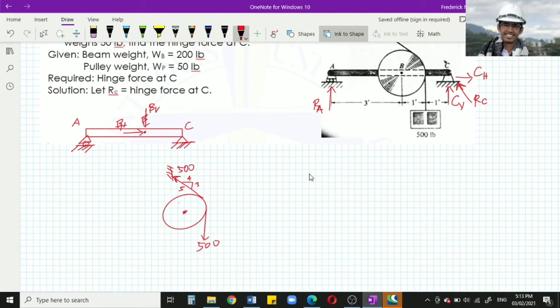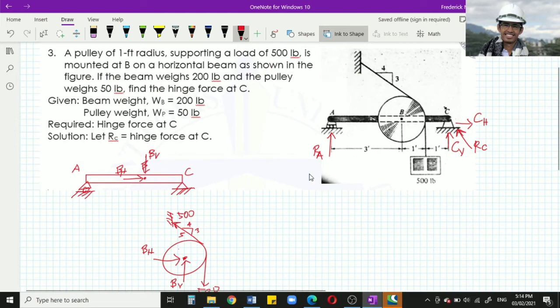So sa point B natin, magkakaroon tayo ng reaction. So that will be BH and BV. So yung weight ng ating pulley will be 50 pounds.